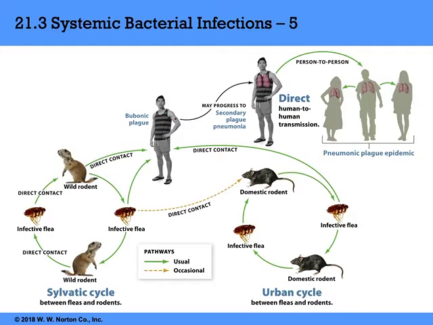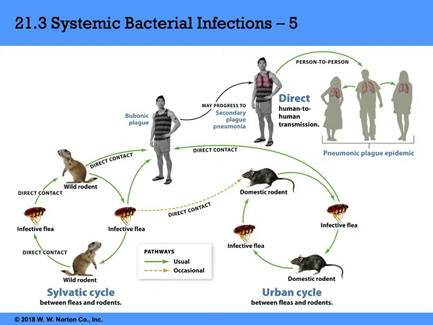So you can see here an example of how bubonic plague can spread. You've got the flea, and let's take the rat or some other type of rodent. If you, as a human, have direct contact, you can pick up the infected flea from the rodent. It can bite you and take a blood meal, and then you can pick up the pathogen.